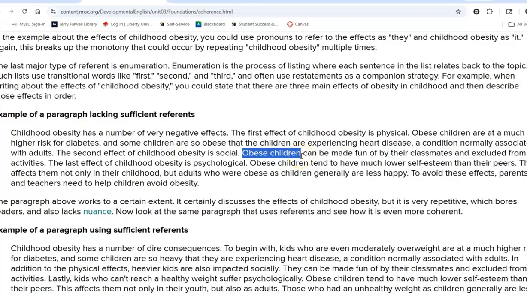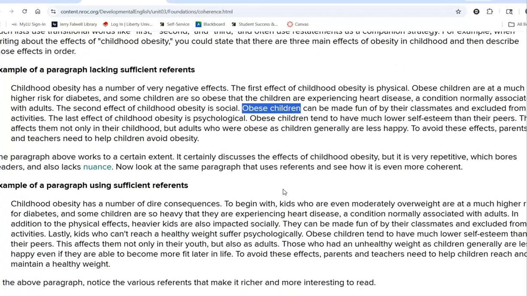So you have other words that you can choose to make the paragraph flow better so it's not so formulaic, with the repetition of the same word or the same phrase at the beginning of every sentence, which makes writing boring, uninteresting, and less coherent.